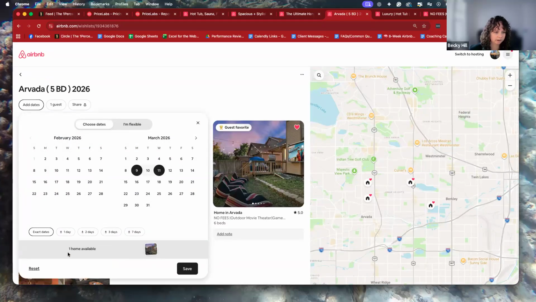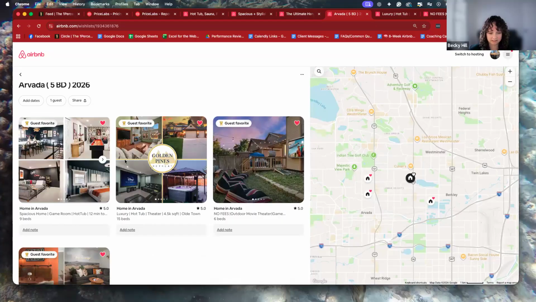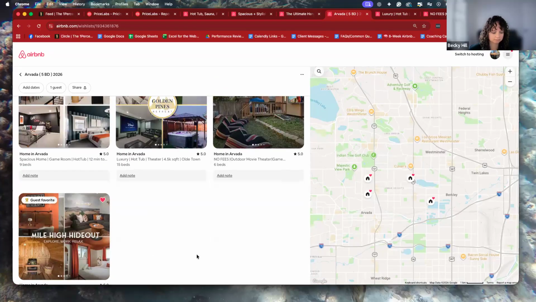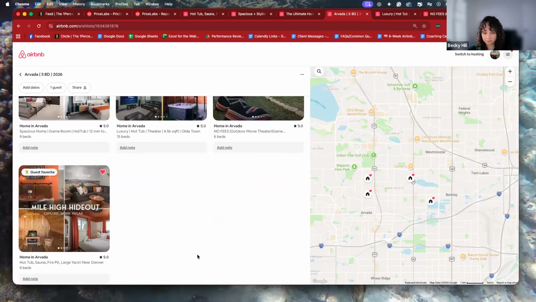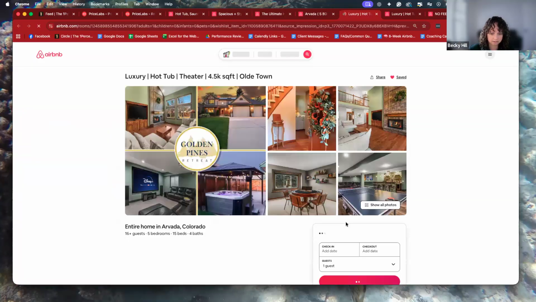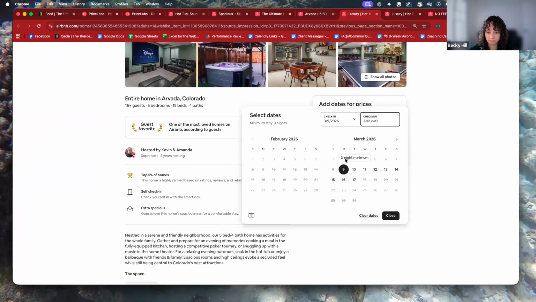So there's only one property available for the weekend or the weekdays of the 9th through the 11th in March. And that could be because these properties either have a 3 night minimum or because they could be booked. Don't know. Doesn't tell you that information, but you'll start to notice if they're consistently not. Well, you can go into it actually and see. So they are available. They have a 3 night minimum. That's why they're not showing.